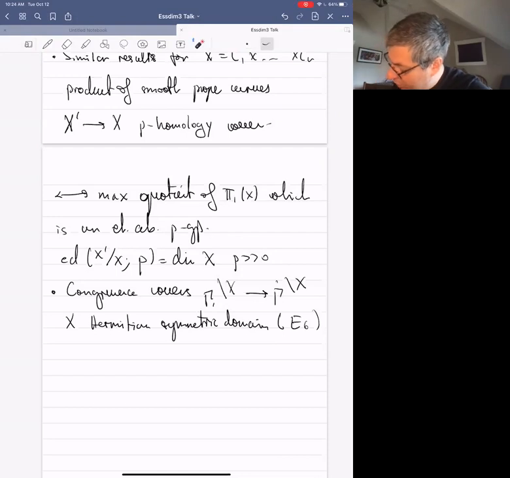A simple example is the moduli space of abelian varieties, where you have the principal P congruence cover, the thing that corresponds to the P torsion in the universal abelian variety. We show that's P incompressible by this method. But there are also more exotic cases that people couldn't do via other methods.